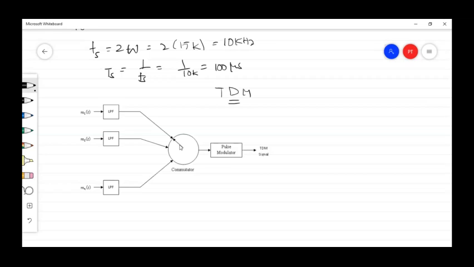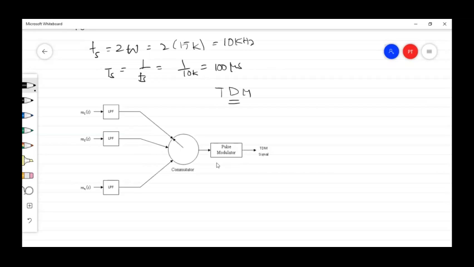When it is connecting the first one, it is said to be taking the sample of the first signal. And when it is connected to the second signal, it is taking the sample of the second signal. While it is taking the sample of the second signal, the other signals are not connected to the pulse modulator. So at any one point of time, only one signal is connected and one signal sample is transmitted.